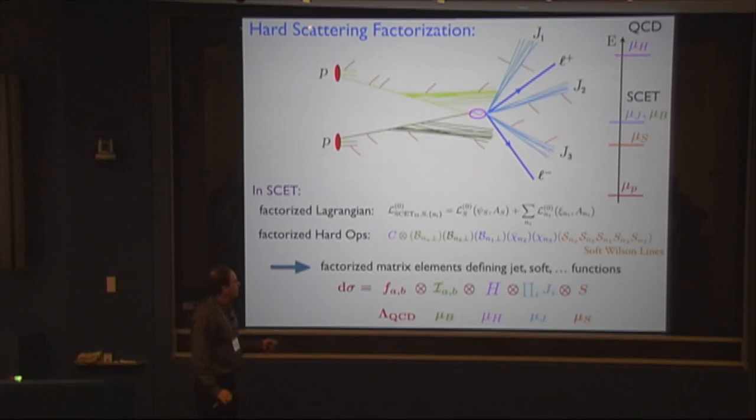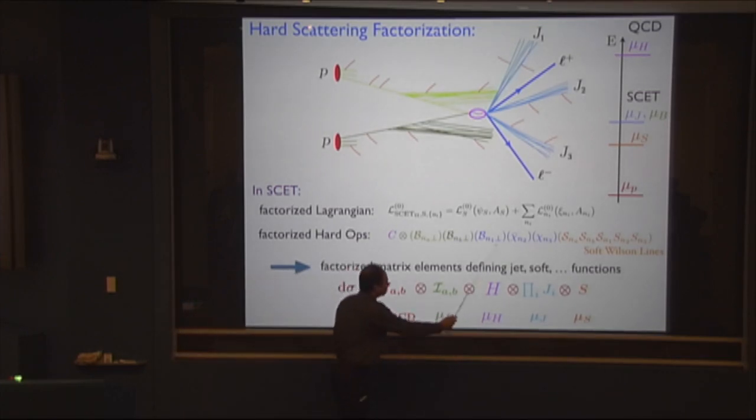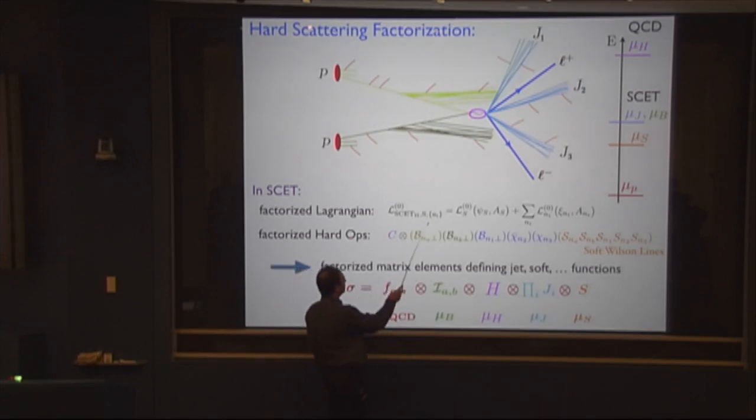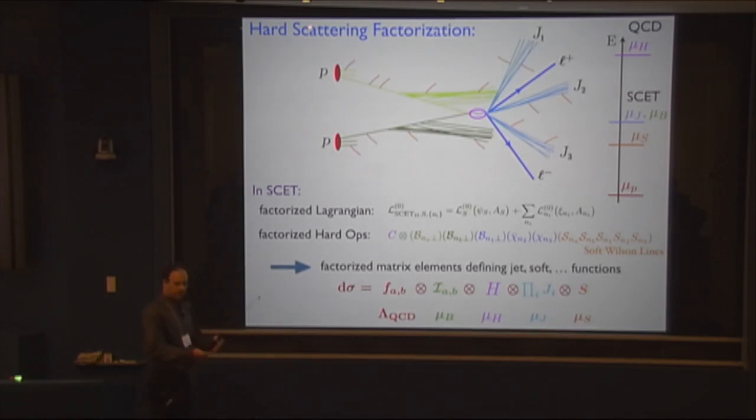Okay, so this is how you get to a factorization theorem. You have a hard scattering operator describing the collision, which is actually just a product of things, which I've carefully color-coded here to match with my figure. It's just a product of things that live in different sectors of the field theory. And if you construct the Lagrangian of this effective field theory, it turns out that the sectors themselves are decoupled. At leading order in your expansion, they're decoupled.